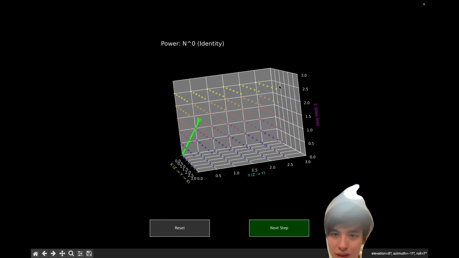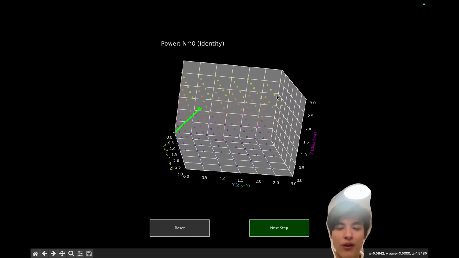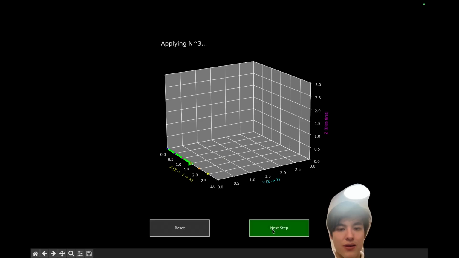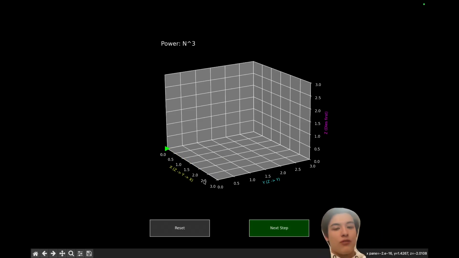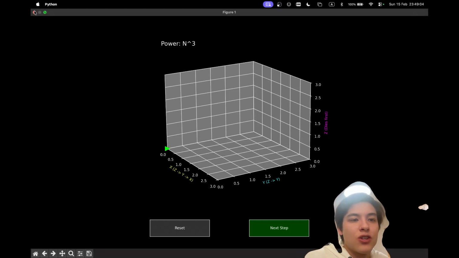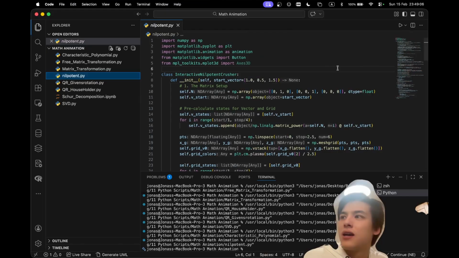All of this will get shifted to y, so z gets to y, and all of these yellow dots are then at 2.5. And then x. So you see what happens if you do the power of nilpotent matrices: in the end, everything goes to nothingness.